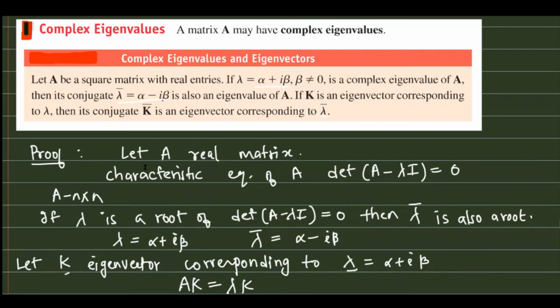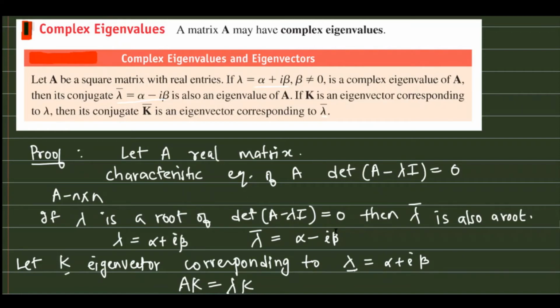First suppose that A is a real n by n square matrix with real entries. Then its characteristic equation is determinant of A minus lambda I equal to 0. Suppose that lambda is a root of the characteristic equation.